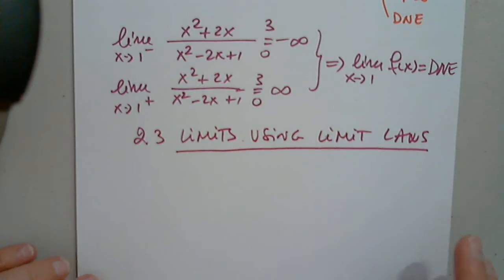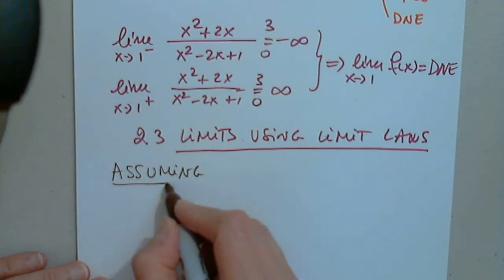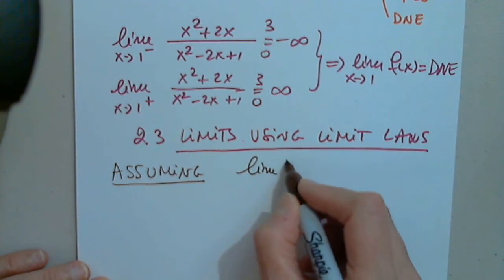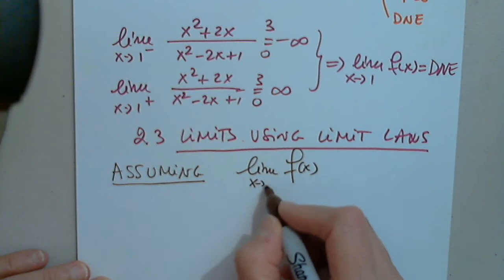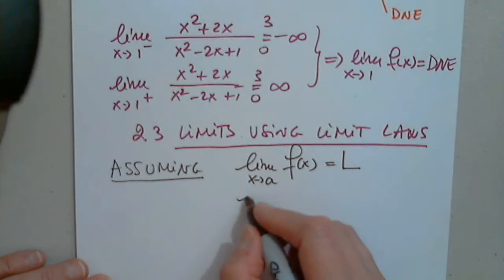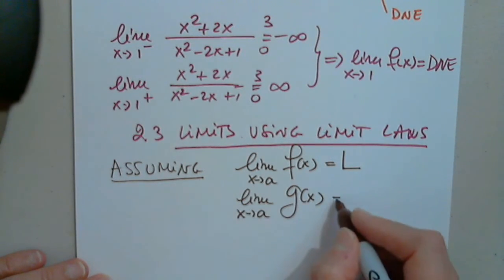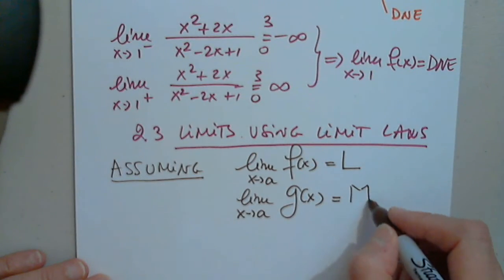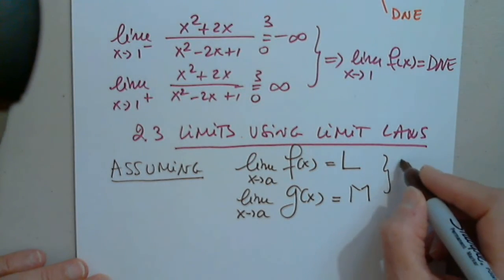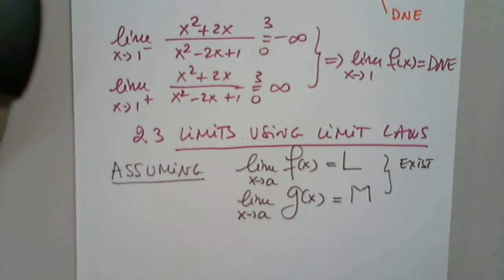So, preliminary assumptions, extremely important: assume that the limit of f of x as x approaches a is a number, let's call it L, and the limit of another function g of x as x approaches a exists and is another number M. These exist. These are numbers, not infinities. In general, L and M.